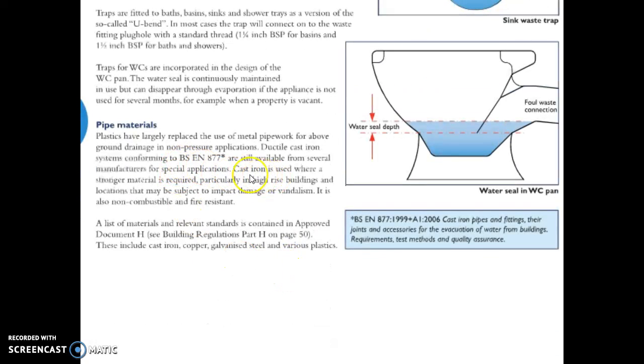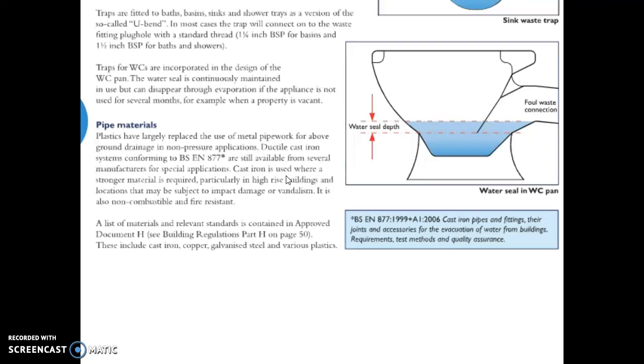Pipework materials then, generally plastics have replaced the use of the metal pipework, particularly for above ground drainage. Cast iron used to be used and is still used occasionally in commercial buildings, particularly where it's a high-rise building and there's concern about the pressures in the system.